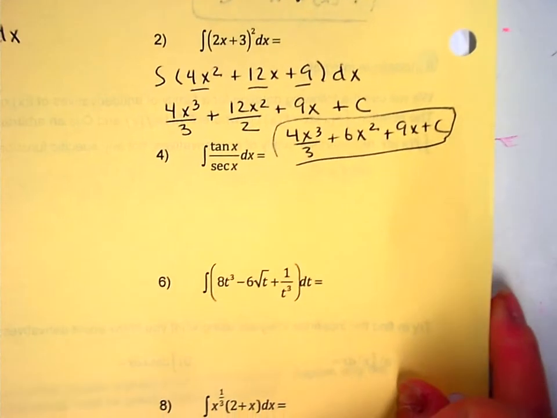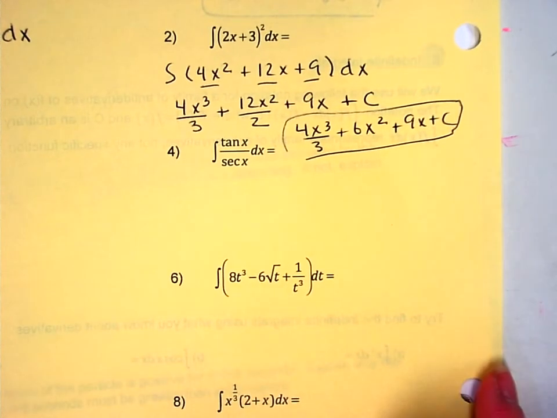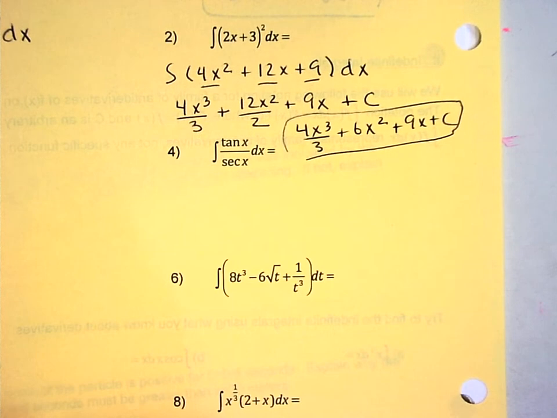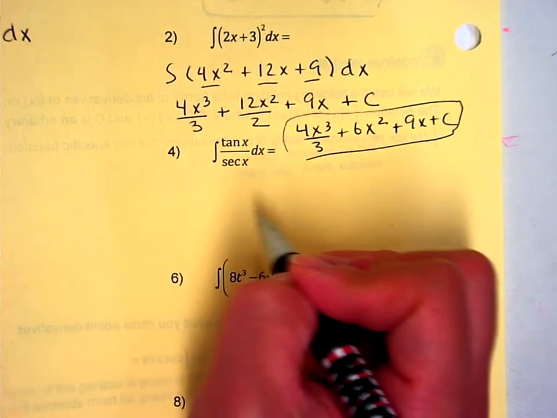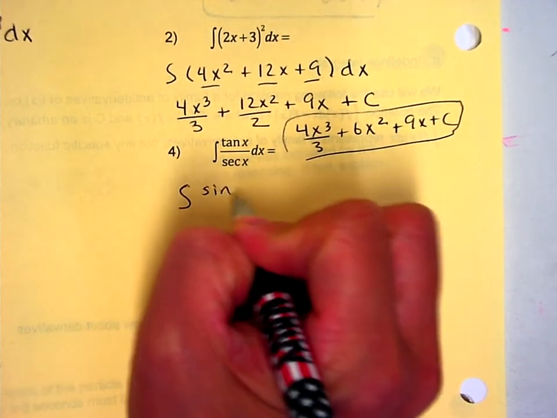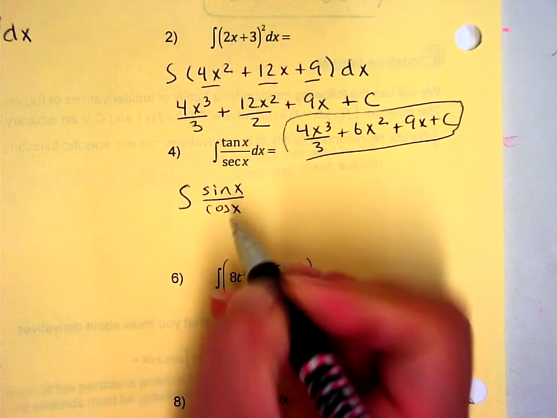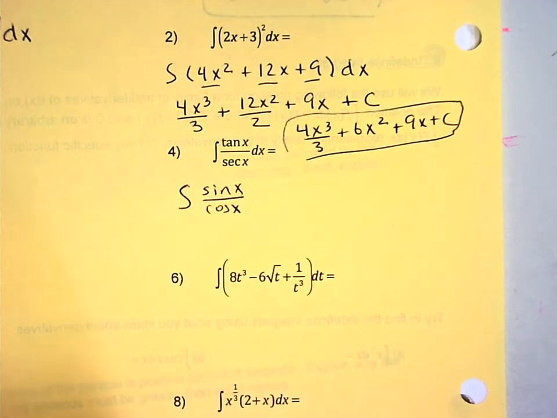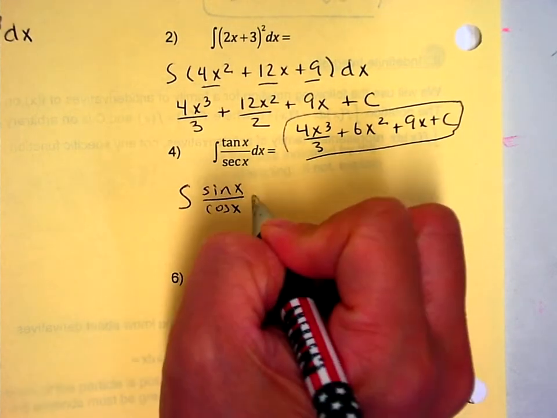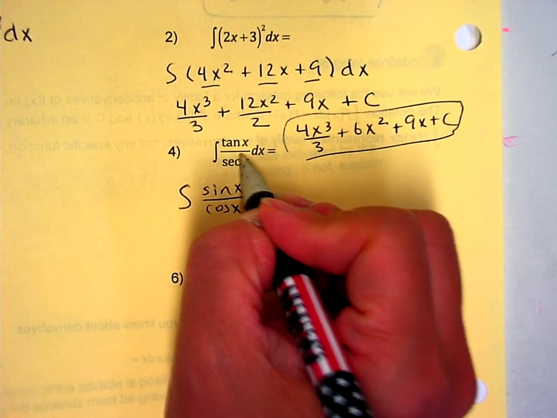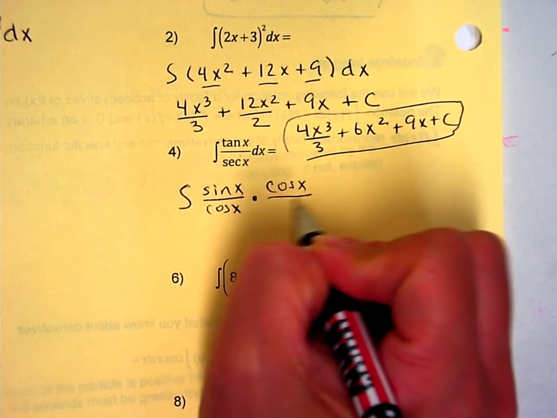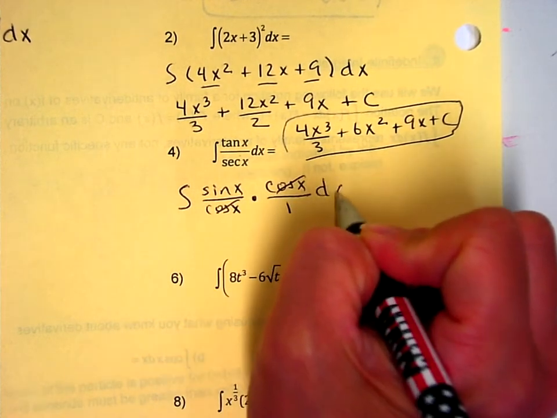Okay. Notice I have a trig function, but I've got a quotient. There is no quotient rule for antiderivatives. So somehow you have to rewrite this first. I'm going to go ahead and change everything to sines and cosines, see if that helps. So tangent is sine over cosine. Secant is really 1 over cosine, but I'm dividing it, so that's the same as flipping it, or multiplying by the reciprocal.